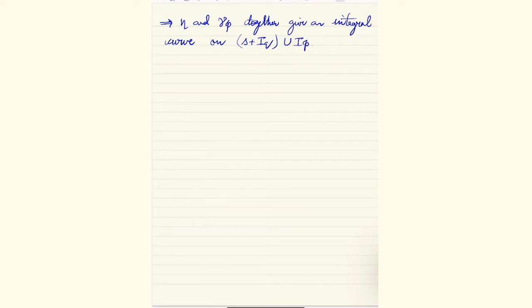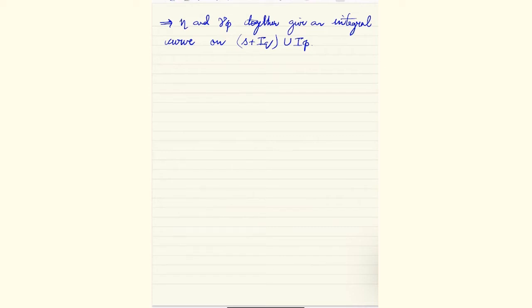You simply define the new curve to be the restriction: on S plus IQ it is eta, on IP it is gamma P, and because on the intersection they coincide, it is well defined.